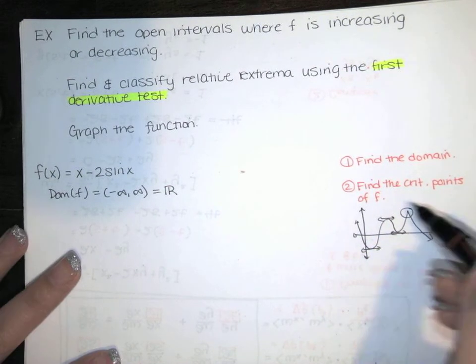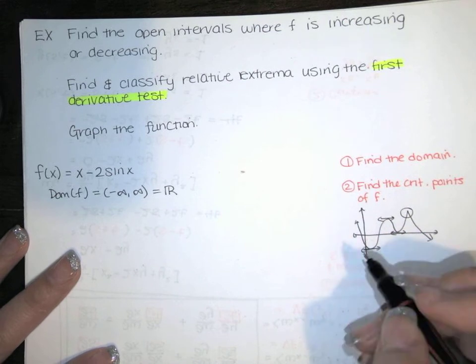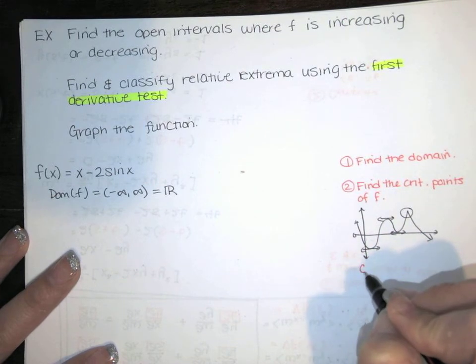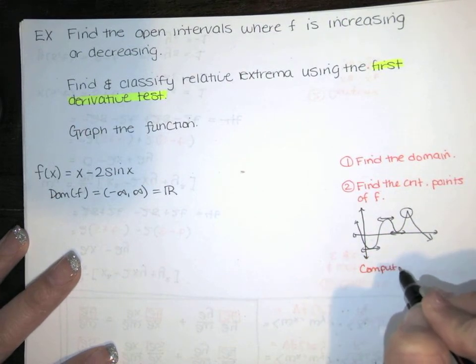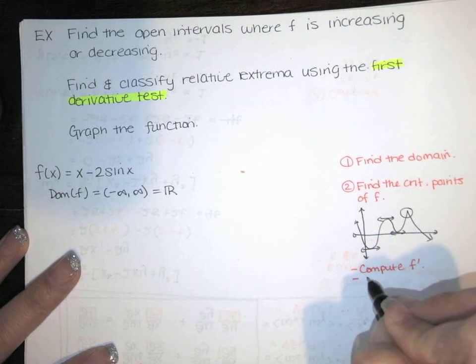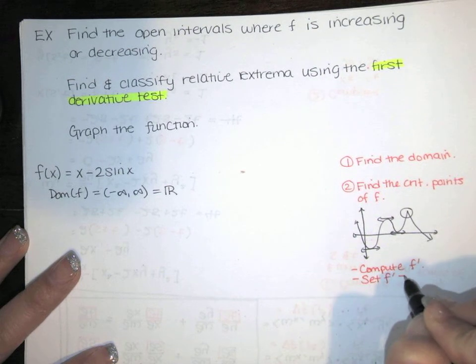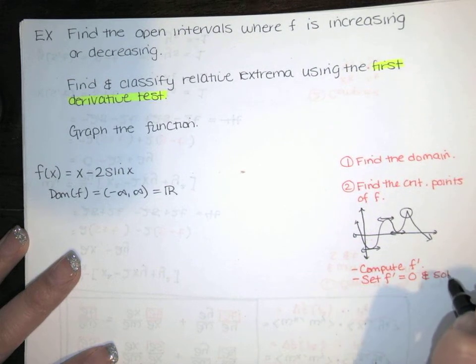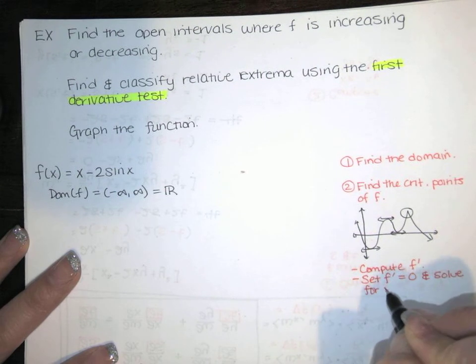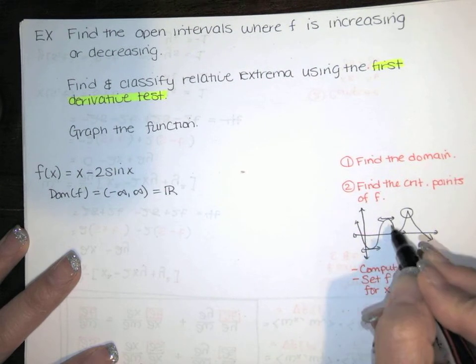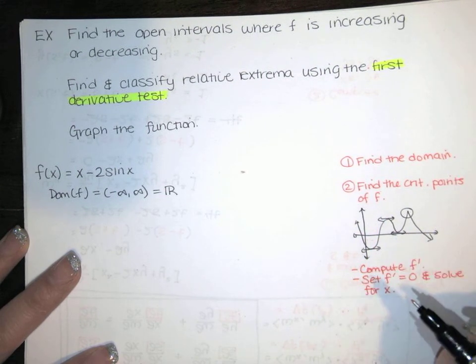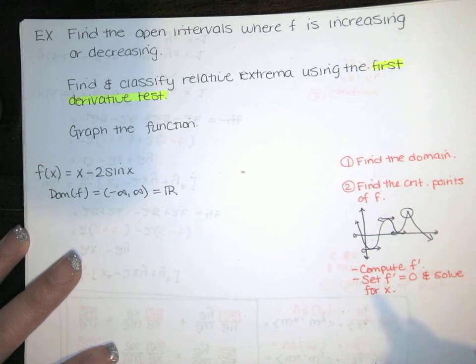But algebraically, the way we find those points is we compute the first derivative, we set that first derivative equal to 0 and solve for x. Those are giving us the x values where the slope of the graph is 0, and then you need to consider any x values in the domain where this derivative is undefined.